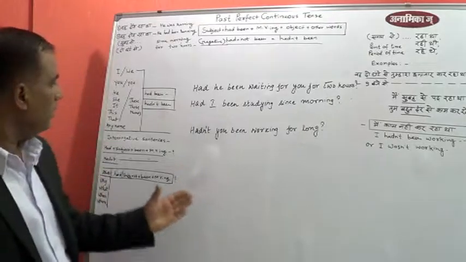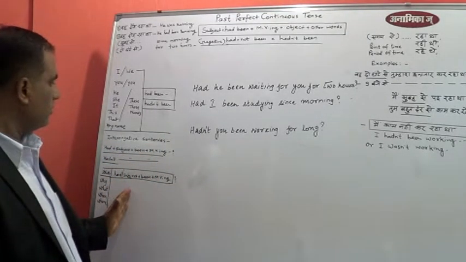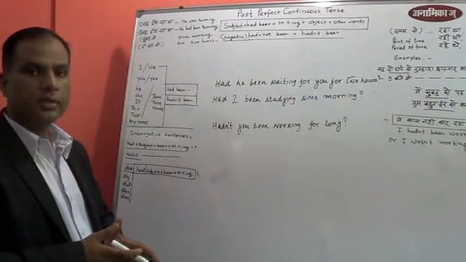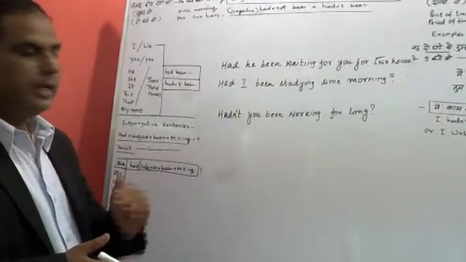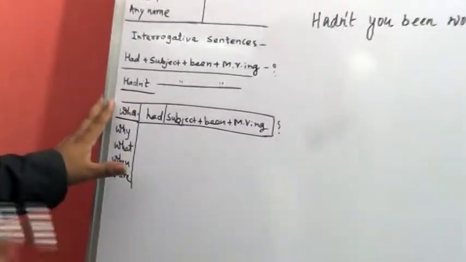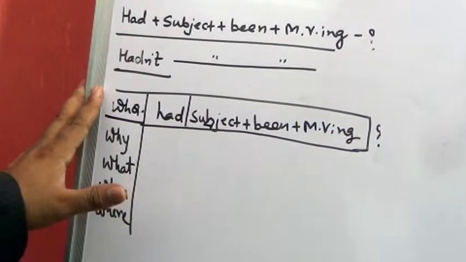So let's see how to make WH questions. They are those questions which need to be answered with certain information. So here the structure, if you look at, is not very different.